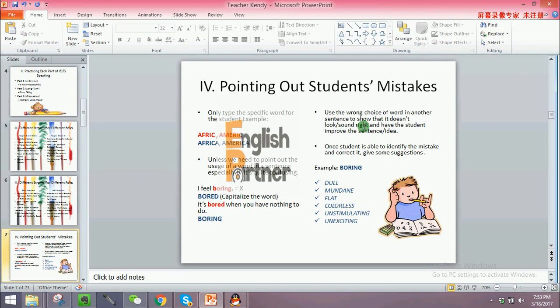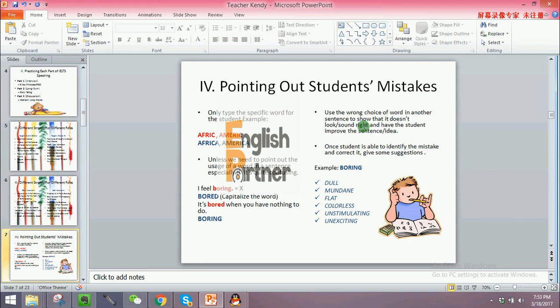Yeah, so what I do is I type for them the words that they used incorrectly, and I type them in capital letters like these. Then I ask them if they seem to sound or look correct or not, and let them answer.